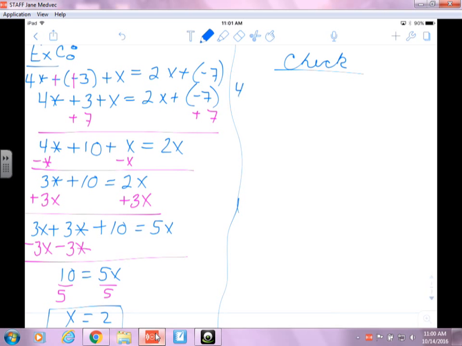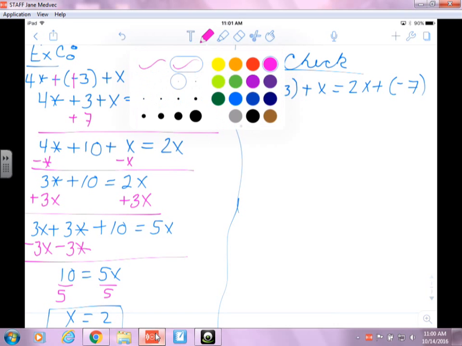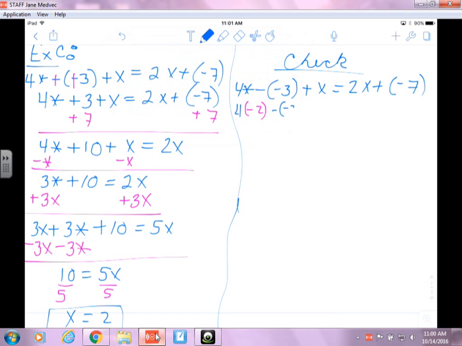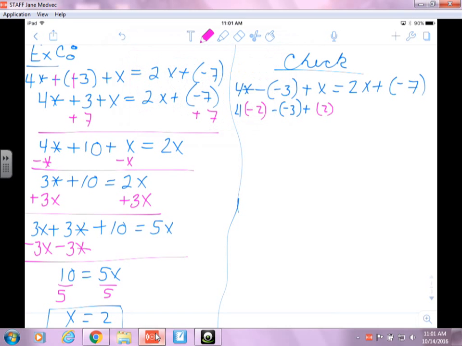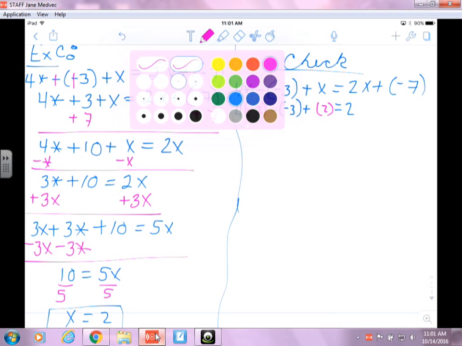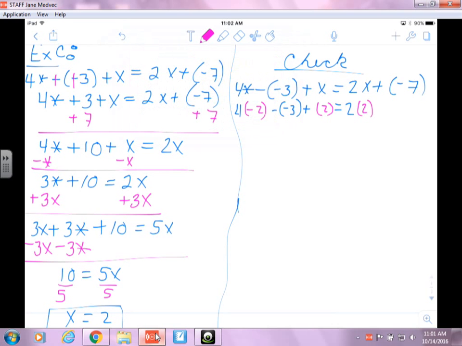I'm going to write the original problem. I'm going to take out my star and put in a -2, and for x I'm going to put in 2. Then I'm going to do my order of operations, so I'm going to multiply first.